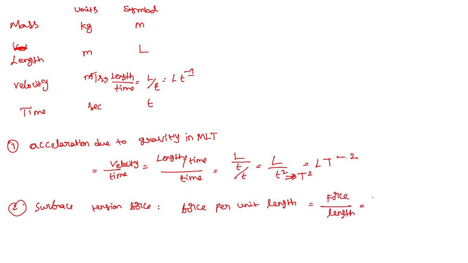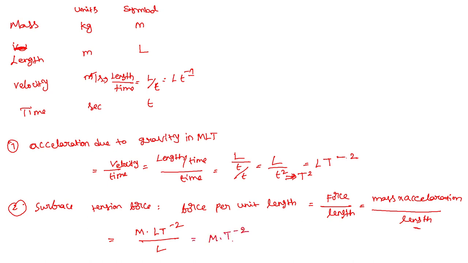Force is mass into acceleration, divided by length. The symbol for mass is capital M, and acceleration is L T power minus 2, divided by L. The final format is M T power minus 2.